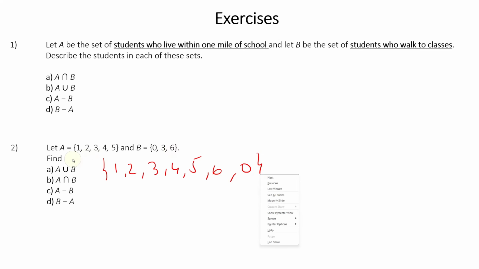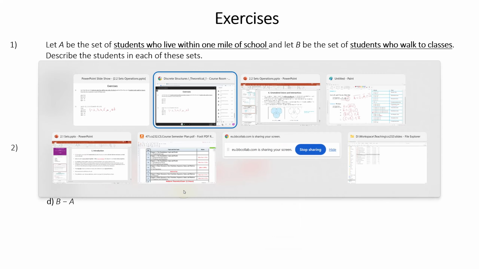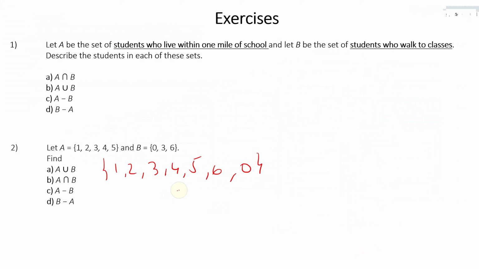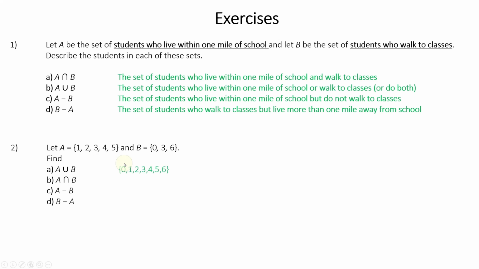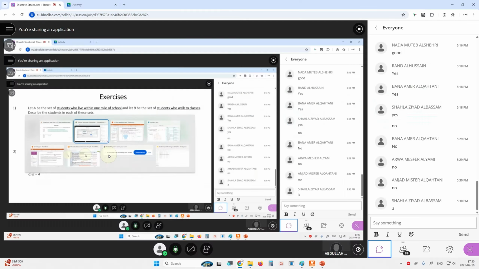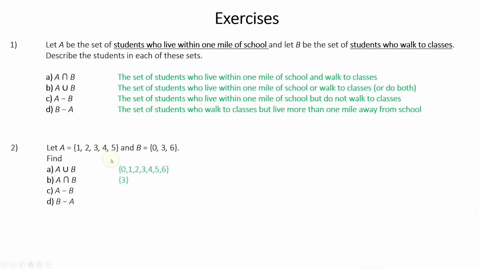I should have put the 0 before, anyways. Right? Okay, good. What about the intersection now? What do they have in common? There's only one that they have in common, which is the 3, exactly.